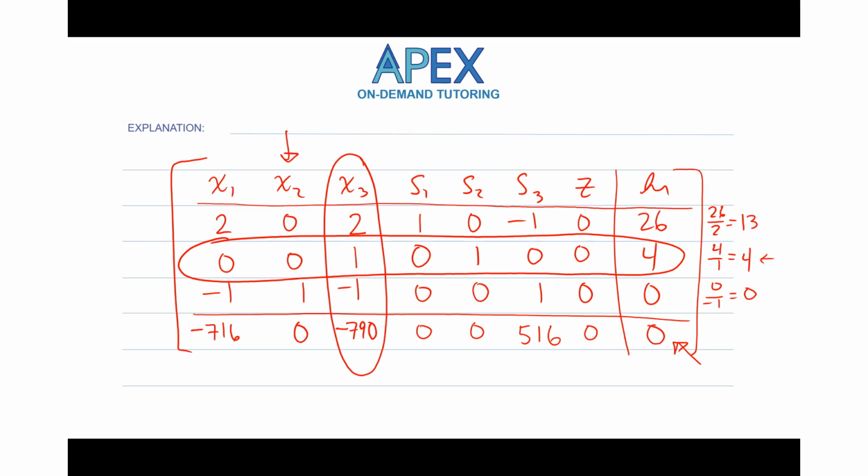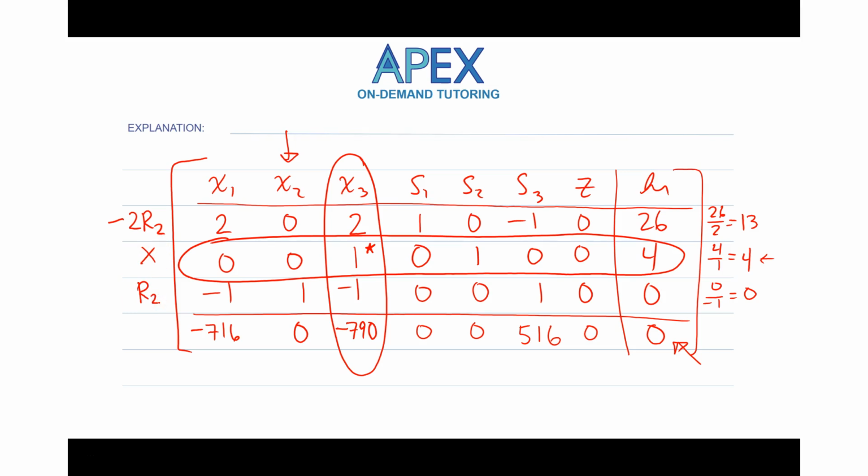All right, so we don't have to divide by any constants because we already have a 1 for our pivot number. All we need to do is think about what we need to add or subtract to each row to eliminate the number there. So for the first row, we're going to do negative 2 times row 2. The second row is our pivot. The third row, we're simply going to add row 2.